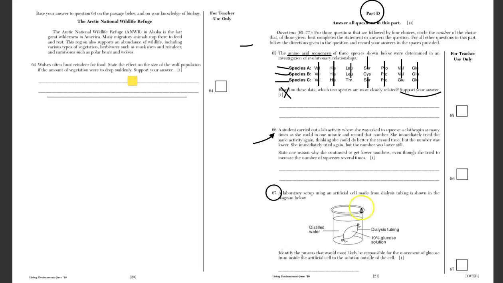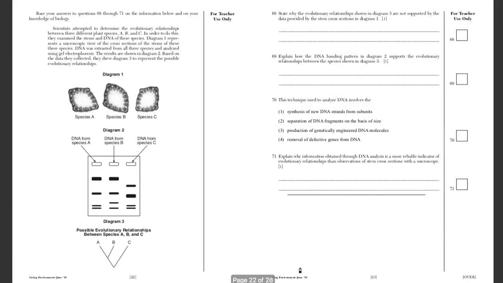Only diffusion though, because this is not a real cell, so the only thing it could really do is diffusion, movement of molecules across the cell membrane from high concentration to low concentration. Diffusion is the answer, or passive transport. You do not get credit for saying anything else.